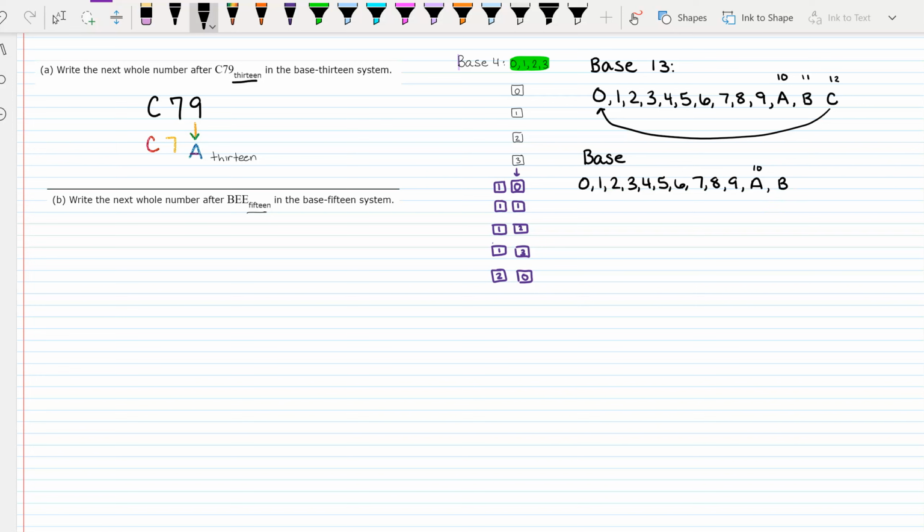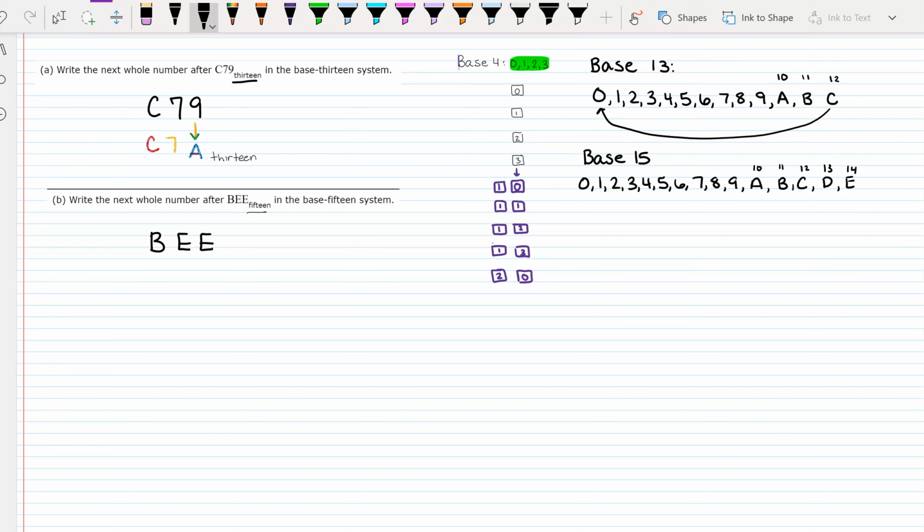I would have a B to represent 11, a C to represent 12, a D to represent 13, and E to represent 14. And I stop at 14, or E in this case, because I want one single digit for the concept of 0 to 14, because again, I'm in base 15. So here's my odometer: B, E, E.